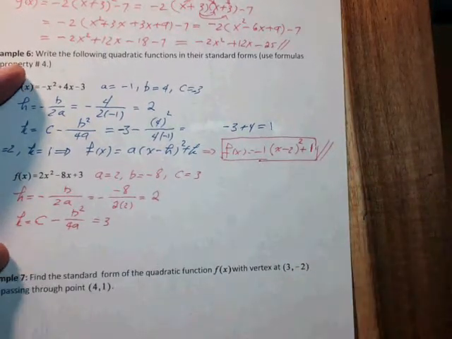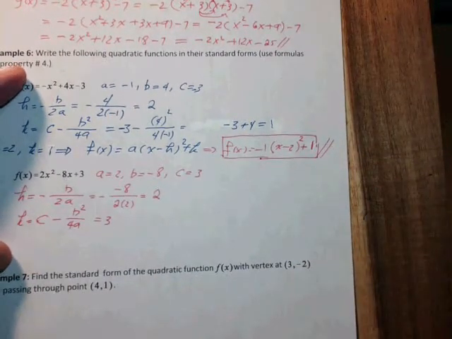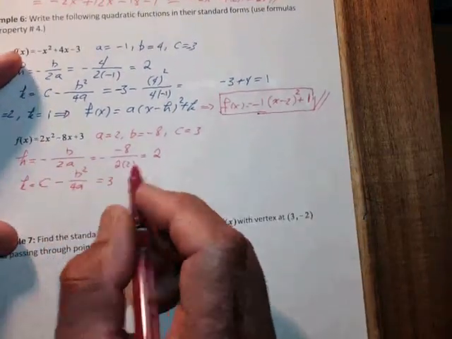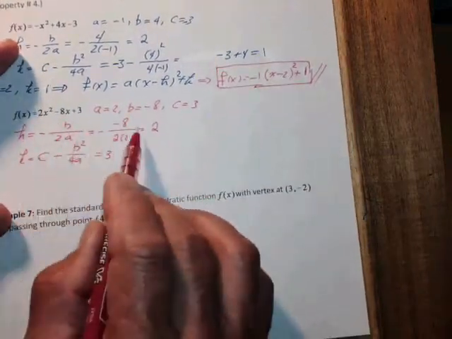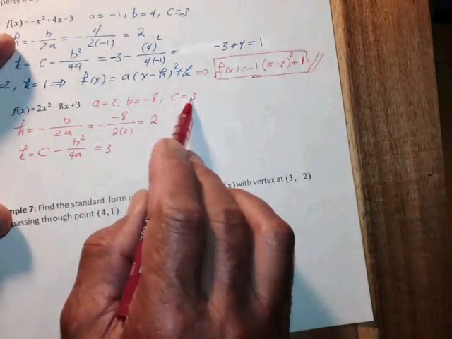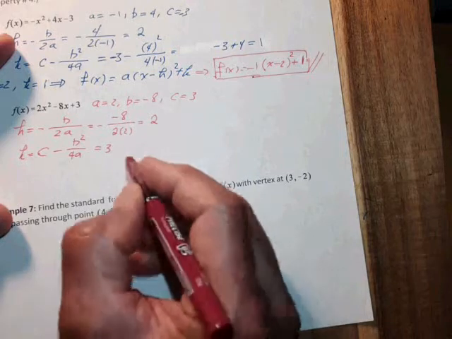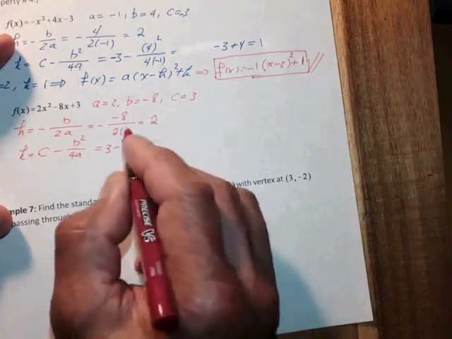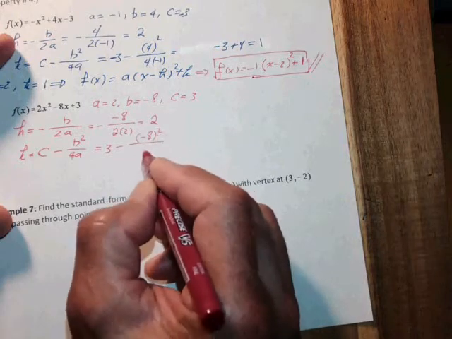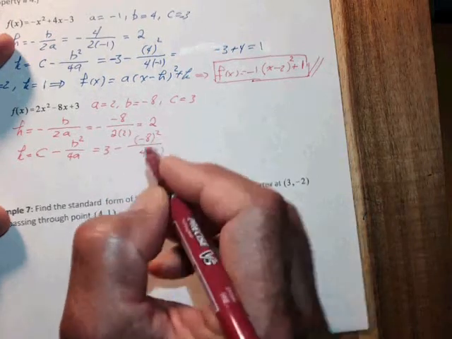Okay, I was a little bit careless, so please be careful. Now here my h is okay. K is C minus b squared over 4a. C is 3 in this case, minus b is negative 8 squared over 4a, which is 2.